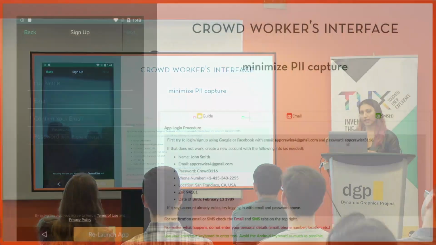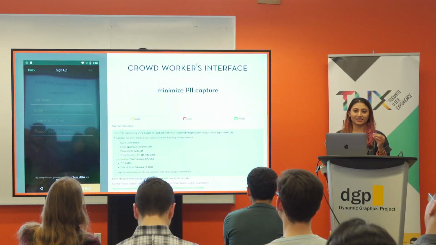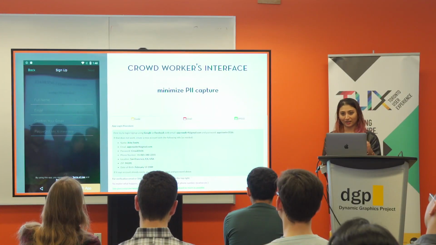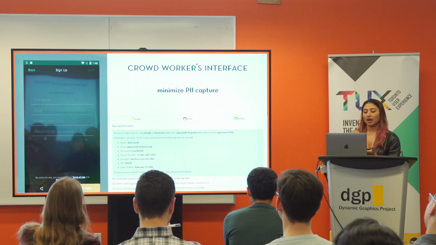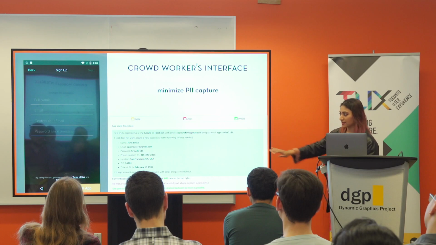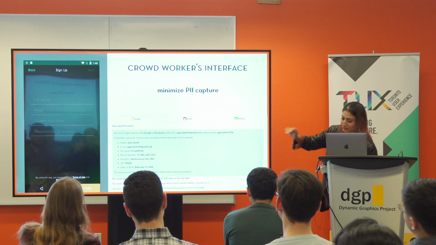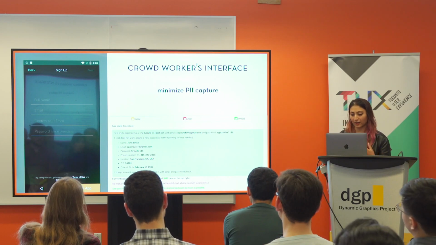The other consideration when we built this tool is we actually want to minimize the amount of personally identifying information that we're actually capturing from the crowd workers, right? We don't want to get their personal details like their name and their phone number and things like that. So we use a sock puppeting type approach where we give them basically fake accounts that they can use to enter in things to register for an app or log into an app.